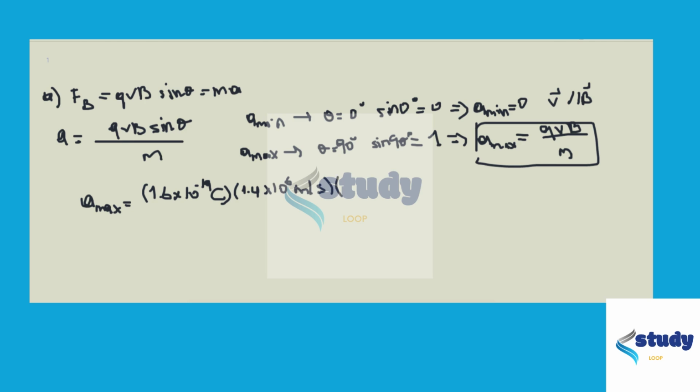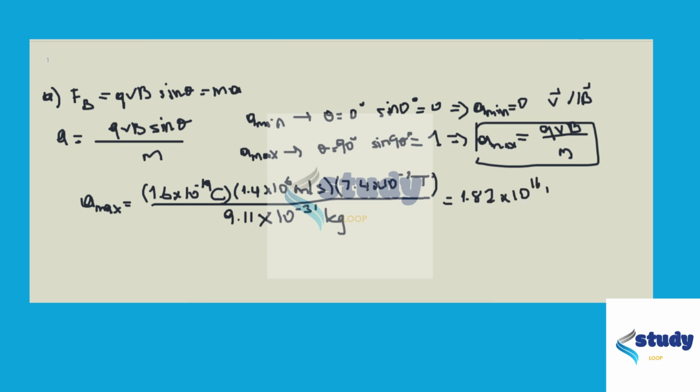And then we have the magnetic field, 7.4 times 10 to the power of negative 2 Teslas, divided by the mass of one electron, which is 9.11 times 10 to the power of negative 31 kilograms. When we plug everything in this expression, we get 1.82 times 10 to the power of 16 meters per second squared as the maximum acceleration of the electron.